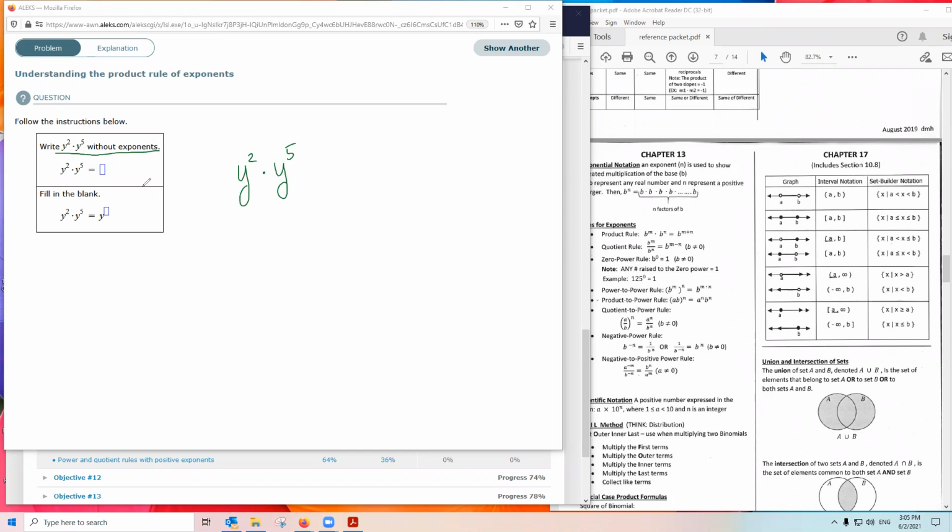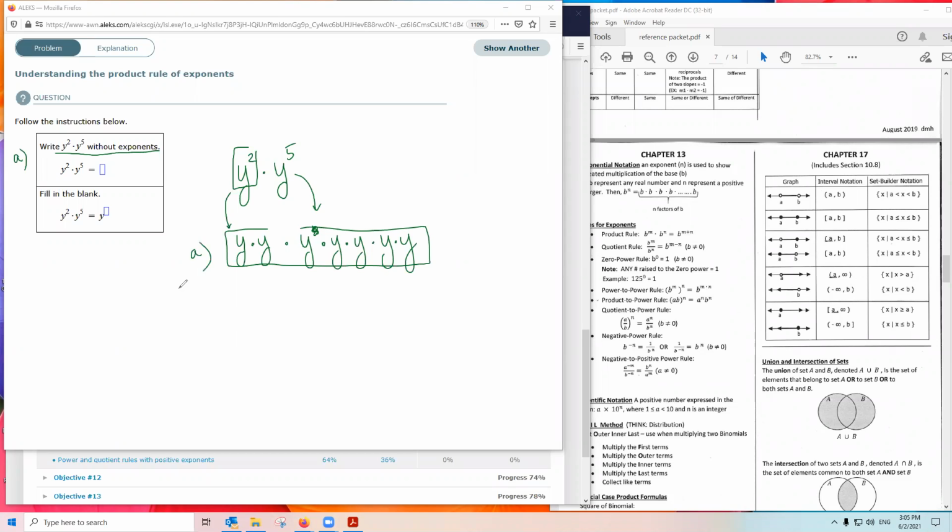So they don't want me to use exponents at all. I know y to the exponent 2 means take the base y times itself 2 times. And y to the exponent 5 means take the base y times itself 5 times. So this is the answer for part A of this question.